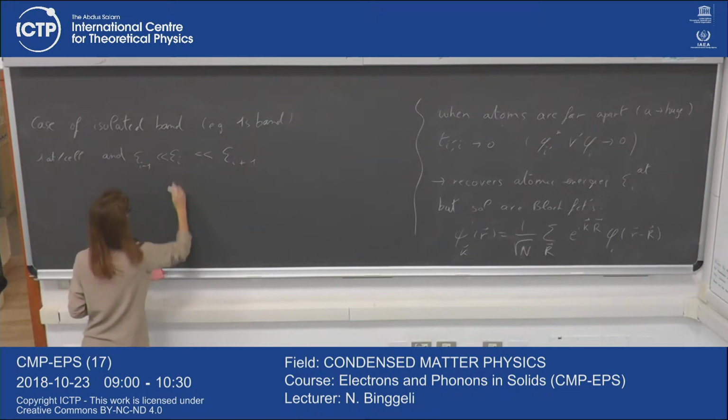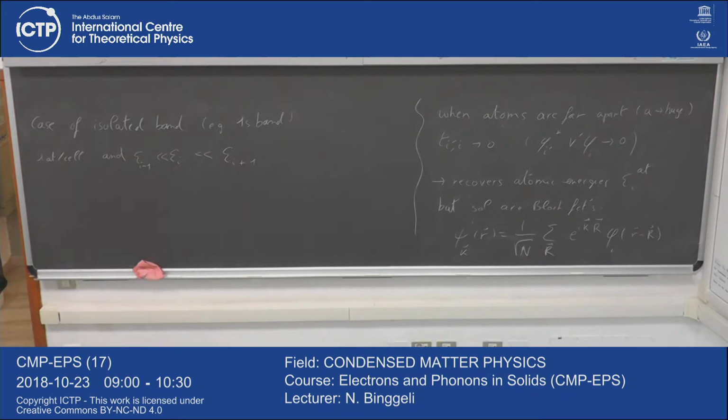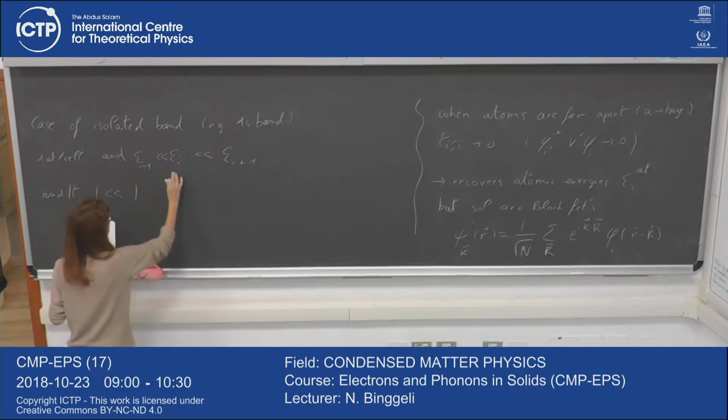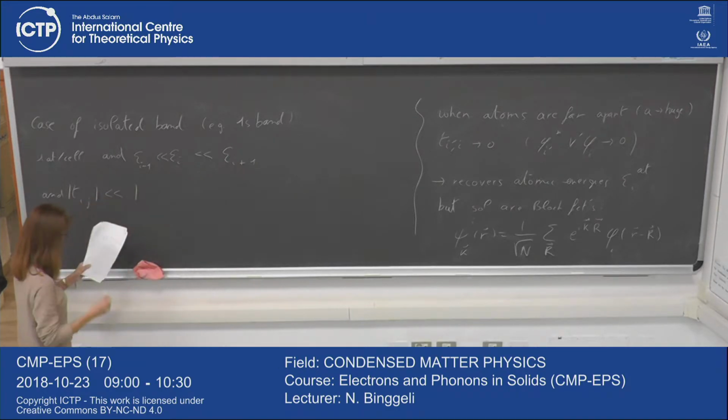If I consider the 1s state, there is nothing below, but more generally, I can consider just this limit. And I consider that the hopping terms, Tij, are much smaller in absolute value than any of these energy differences.